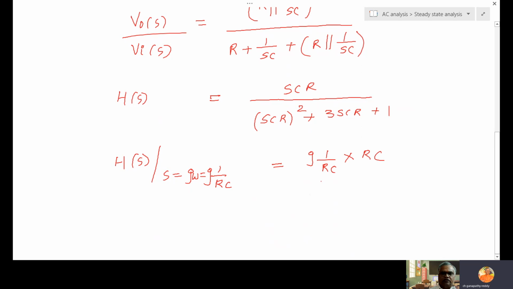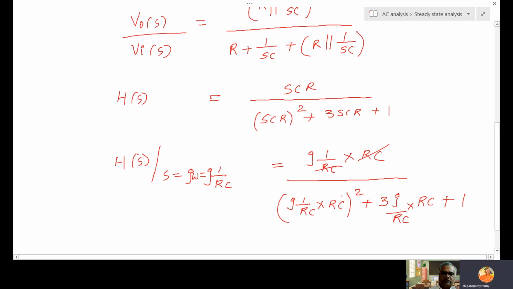So numerator j times 1 by RC into RC, denominator j 1 by RC into RC square, plus 3 j 1 by RC into RC, plus 1.